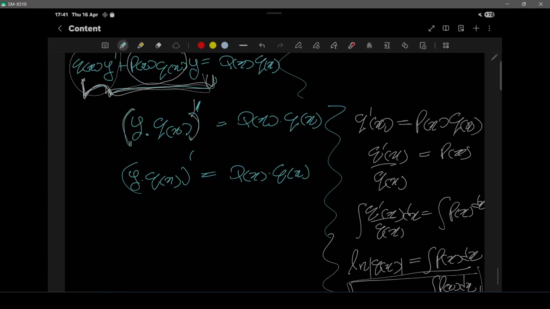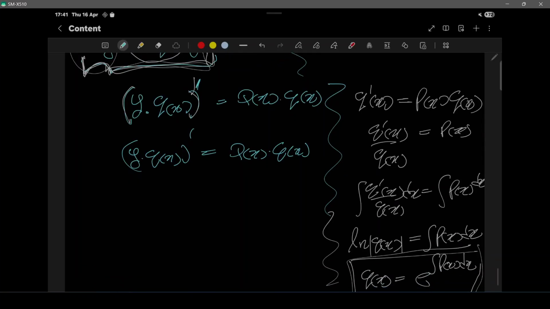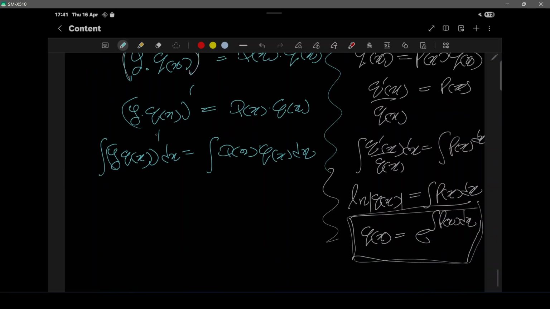If these two terms are equal, we just have to integrate both sides with respect to the same variable. Since this is an integration, we can see it as the antiderivative.